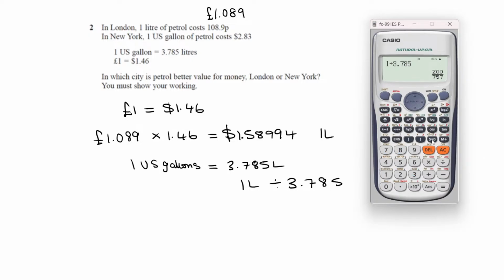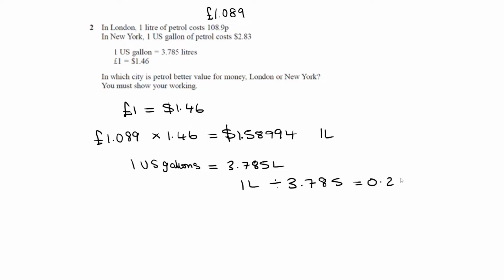As I said, you might do it differently to me, that's fine. 0.2642. And that's in gallons now, isn't it? So we've got 1 US gallon, they said was $2.83.